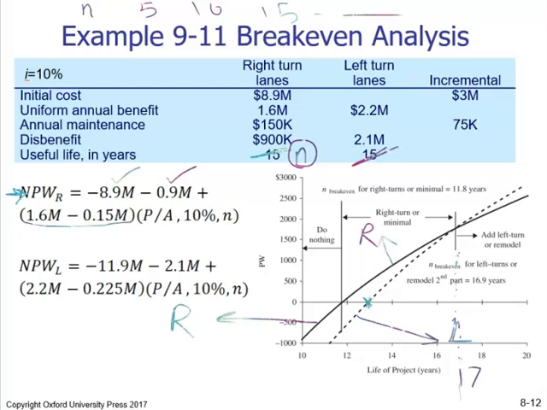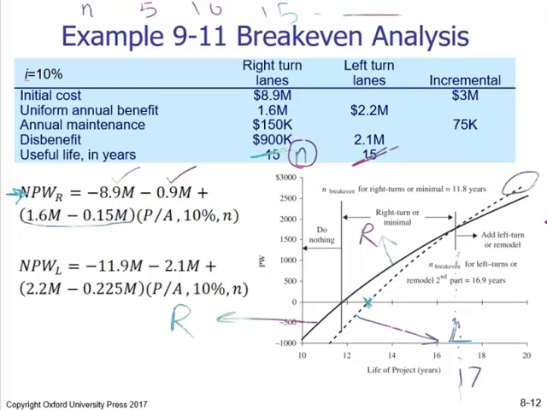And if it is larger than 17 years, as you can see, and of course the numbers that I'm telling you are not accurate, I'm just reading the chart, and if it is longer than that, the left lane project becomes more economic.